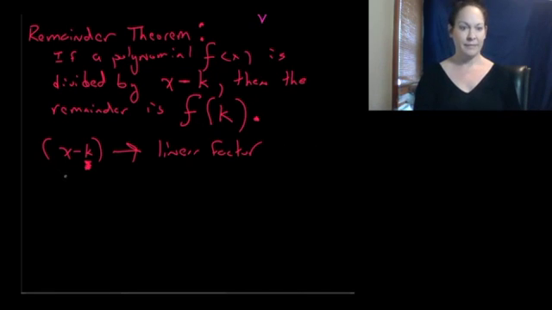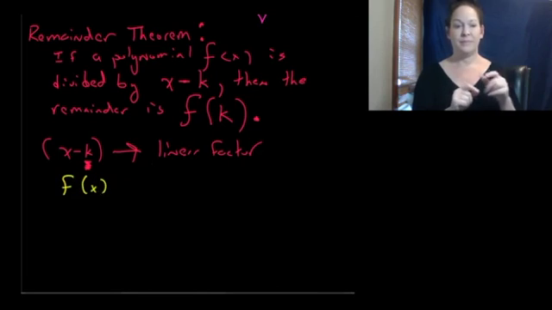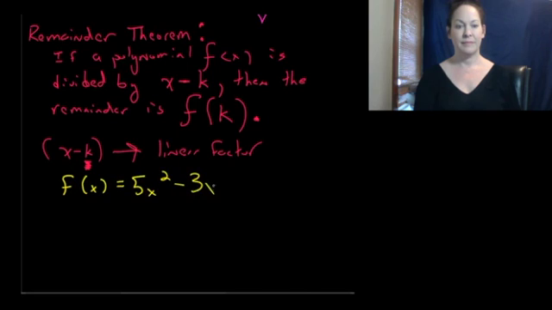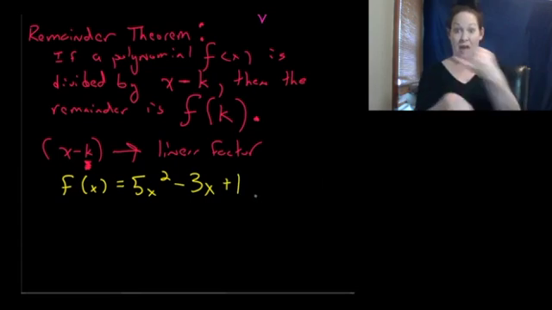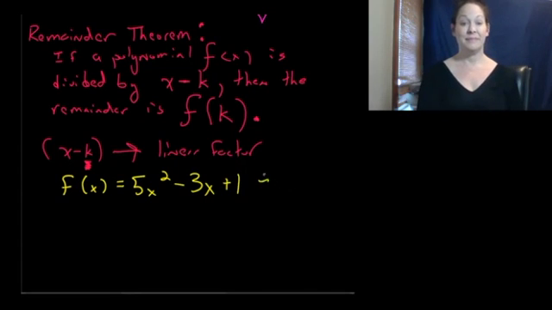Let me go with the one that's going to be the easier division. So I'm going to have a polynomial, f of x equals 5x squared minus 3x plus 1. And I'm going to divide it by x minus 1.